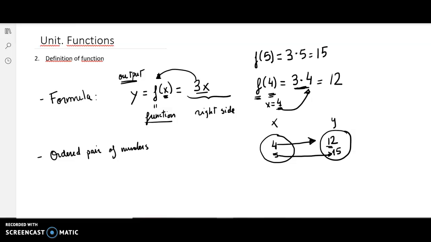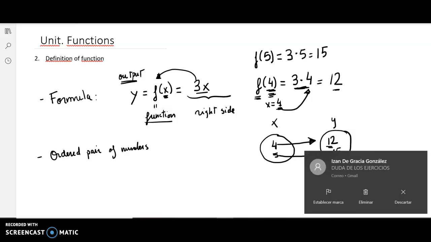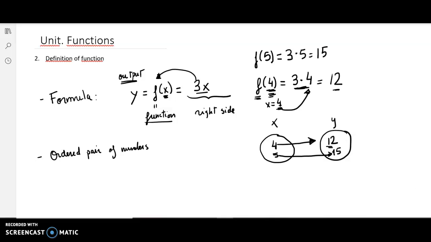If we take this pair of numbers, 4 and 12, we have 4 in first place, comma, the output, 12, the solution of the operation. This is a pair of numbers. 4 represents the x, 12 represents the y.